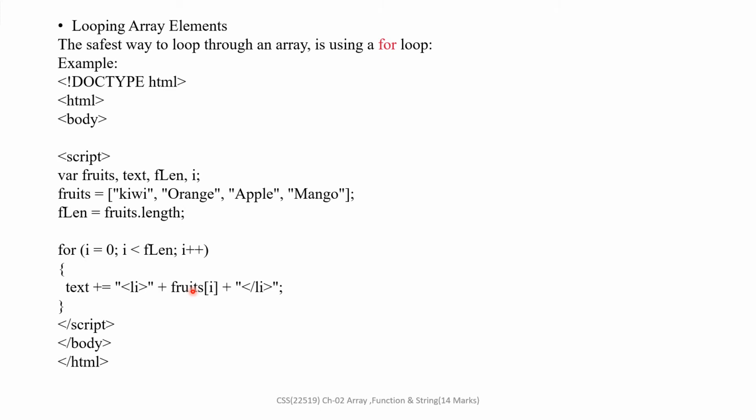It means it will check the condition until the i counter reaches 3. After that, when the condition becomes false, it will exit from the loop. So the output of the program will display the fruit names only.